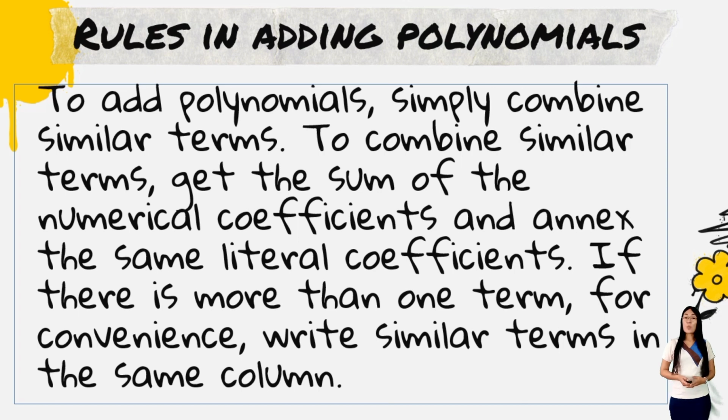To add polynomials, simply combine similar terms. To combine similar terms, get the sum of the numerical coefficients and annex the same literal coefficient. If there is more than one term, for convenience, write similar terms in the same column.